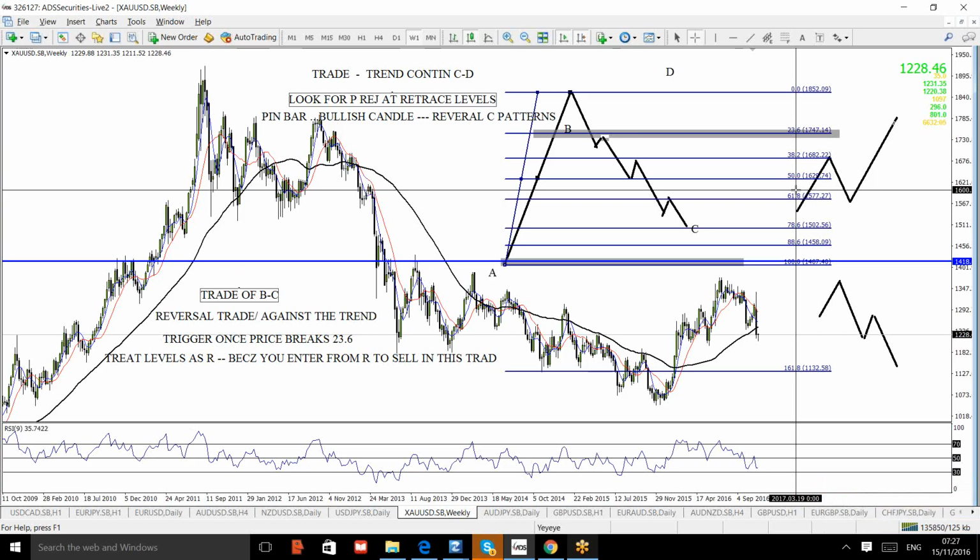And you know exactly the rules to enter a trade using support and resistance: break and retest, break and retest, break and retest. Are we clear on this? 100%, guys.